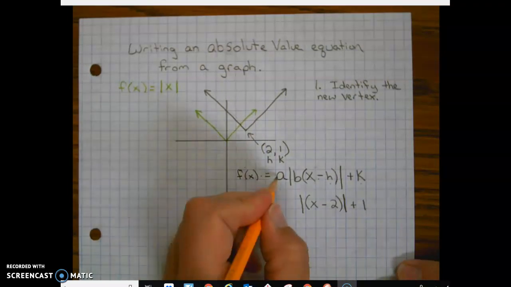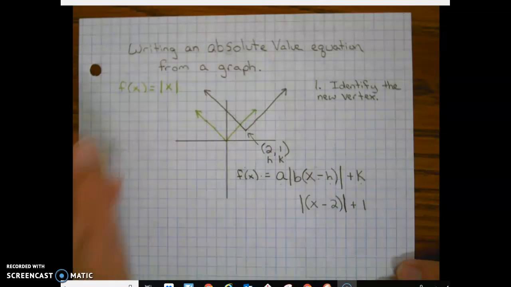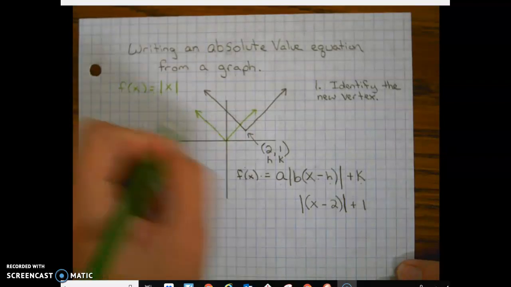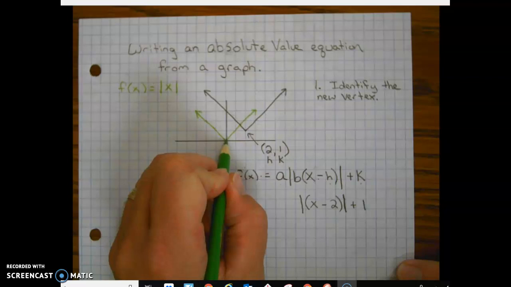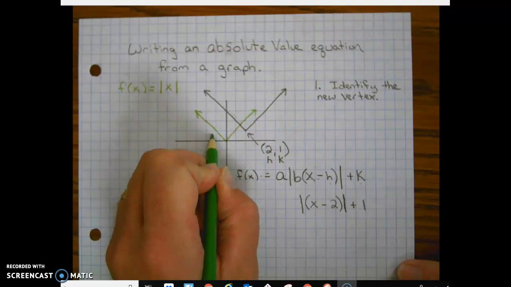Okay, to find a, well, first of all, let's look at the a value on the parent. If you look at the parent function, the a value is 1. And why is that? Well, that's because when you go over 1, you go up 1. And that's how you calculate the a value.